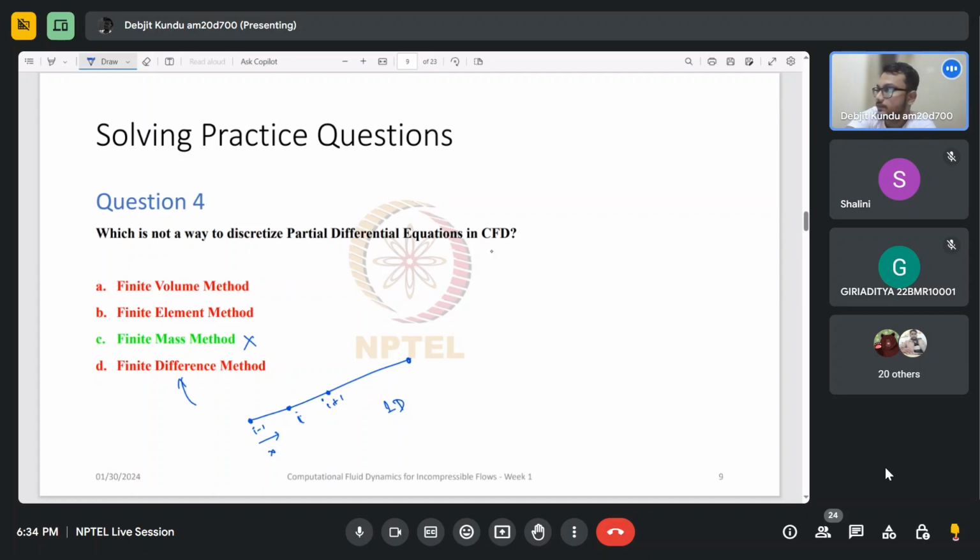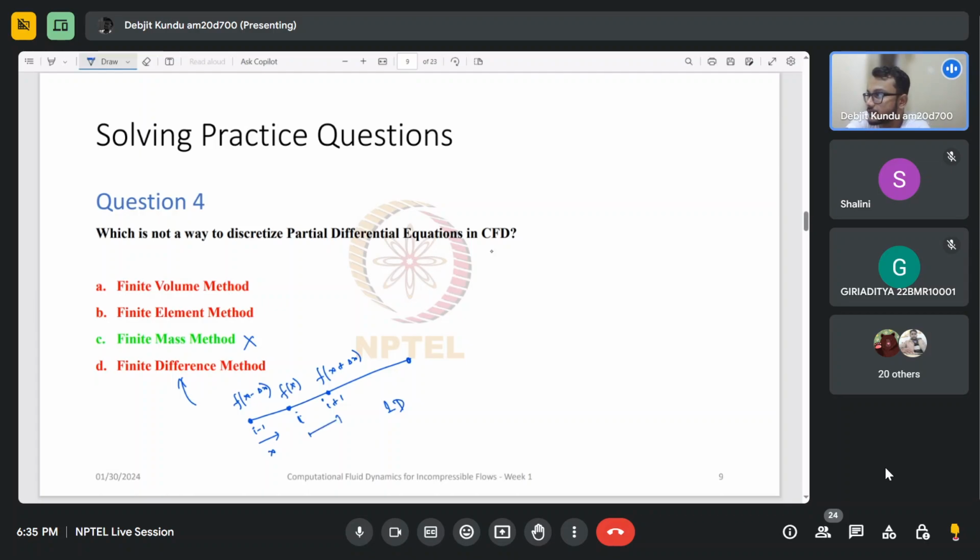And at every point I have the value of some function f. So at the ith point it is f of x, at the I minus 1th point it is f of x minus delta x, and at I plus 1th point this is f of x plus delta x.